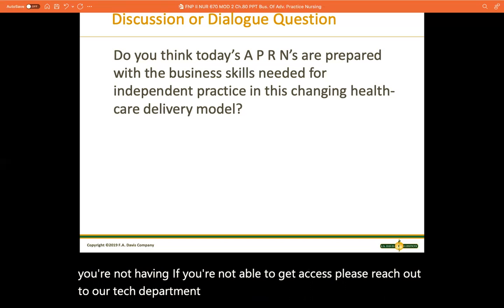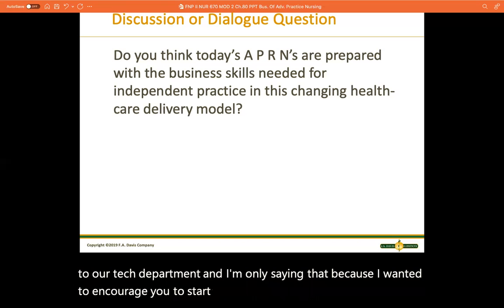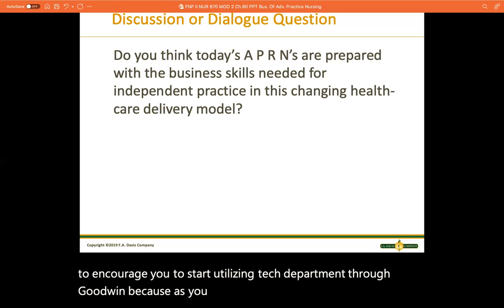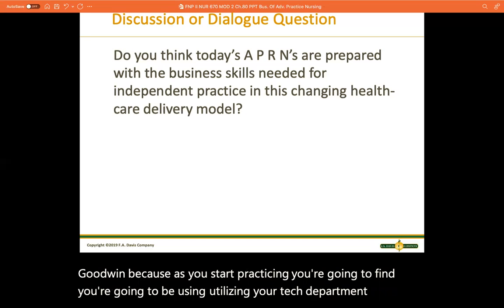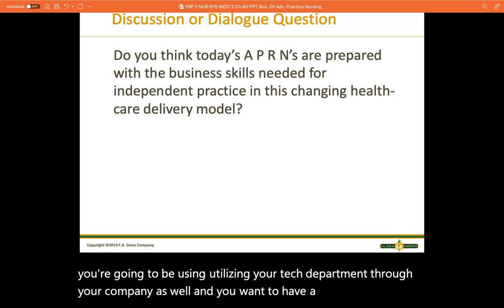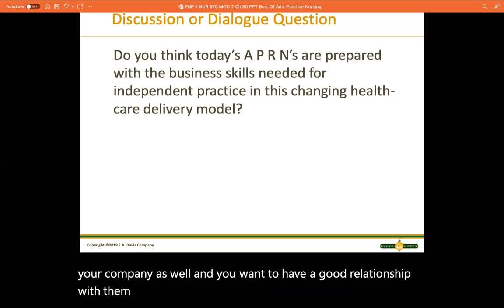I'm only saying that because I wanted to encourage you to start utilizing your tech department through Goodwin, because as you start practicing, you're going to be utilizing your tech department through your company as well. And you want to have a good relationship with them, because technological stuff comes up all the time and you need to make sure you know how to deal with it quickly, because it will delay your charting.